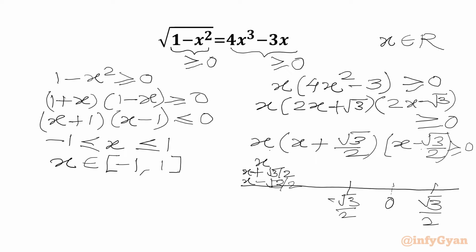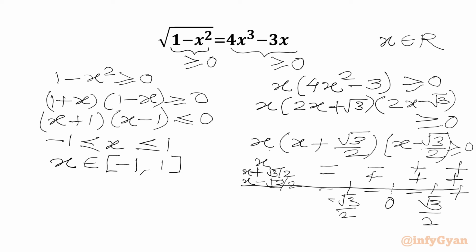Now when x is greater than or equal to 0, x must be positive, but before that, x would be negative. For the bracket x plus root 3 over 2, if x is greater than minus root 3 over 2, the bracket would be positive, but before that, it would be negative. Similarly, if x is greater than root 3 over 2, then it would be positive. Before that, it would be negative.